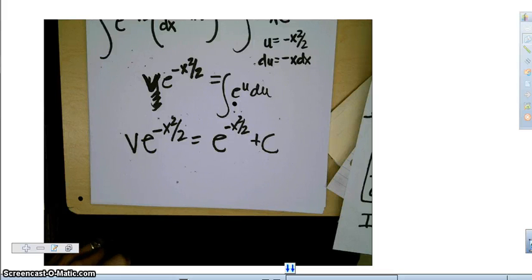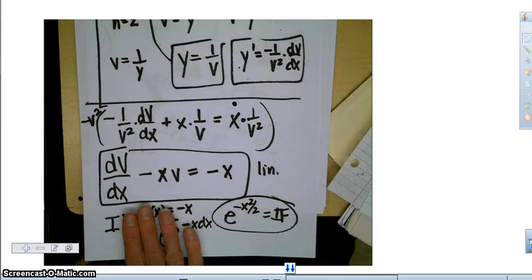What are we going to have to do now? Okay, get v by itself. You know what, before I get v by itself, don't I need this in terms of y and x and not v and x? So what was v to start with? V is 1 over y.